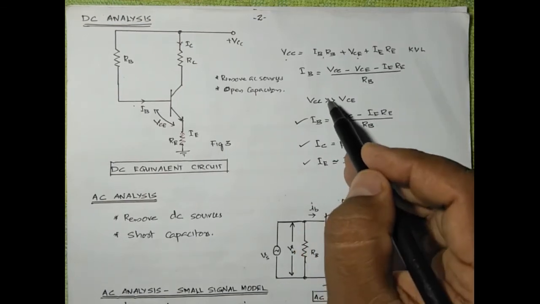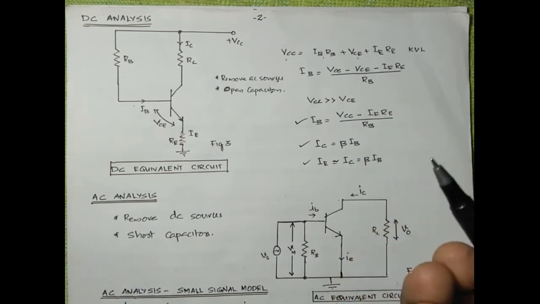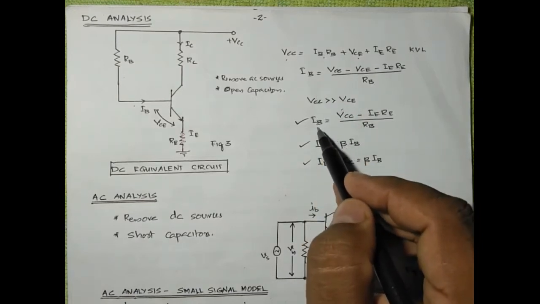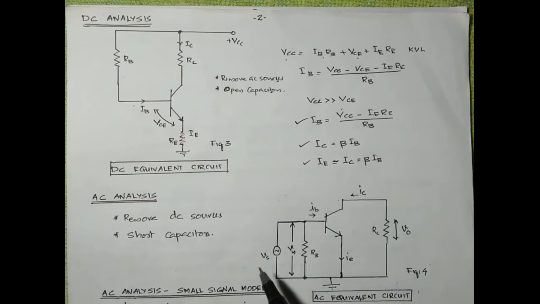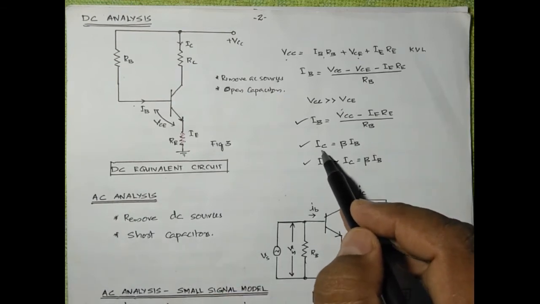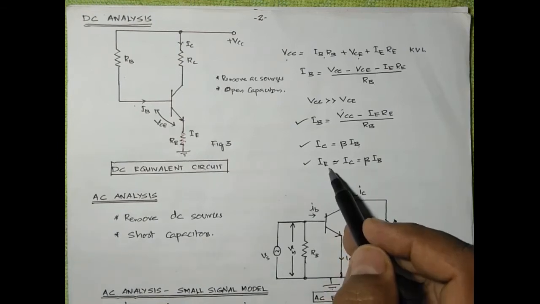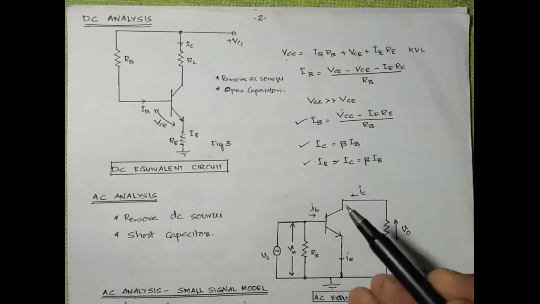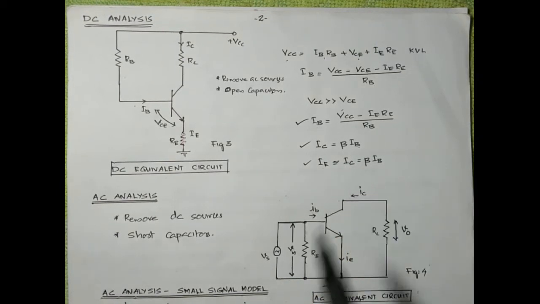We know that VCC is much greater than VCE because VCE is about 0.65 volt. So we can neglect VCE. If we neglect VCE, then IB equals VCC minus IE RE by RB. And we have the value for IC as beta IB, where beta is the DC current gain. And we know that the value of the emitter current is almost equal to that of the collector current. So we can write IE is almost equal to IC.